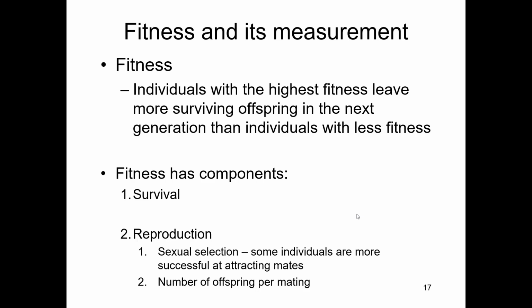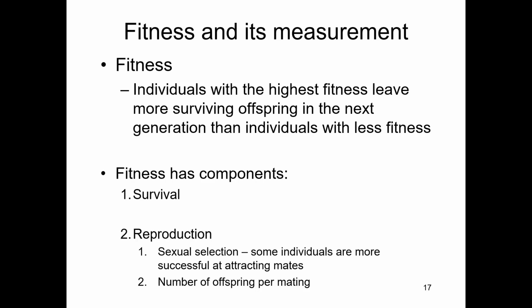And then within reproduction, I've separated it out a little bit into some subcomponents. I could have subdivided survival into ability to hide from predators, ability to get food and water. For reproduction, the components would be the ability to attract a mate, and then also how many offspring you can have at a time, like in a litter, for example.